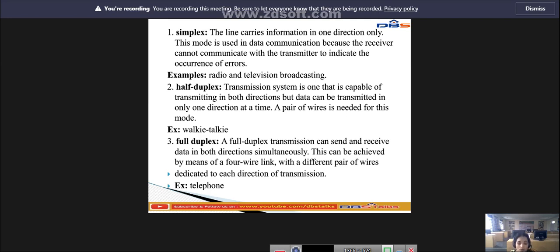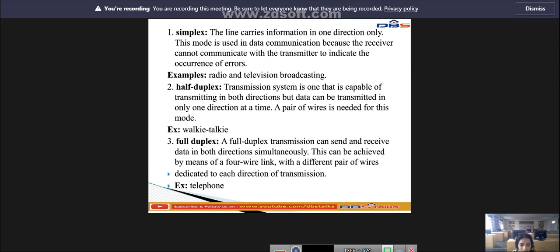Protocols are divided into two major categories according to the message framing technique used. These are character oriented protocol and bit oriented protocol.